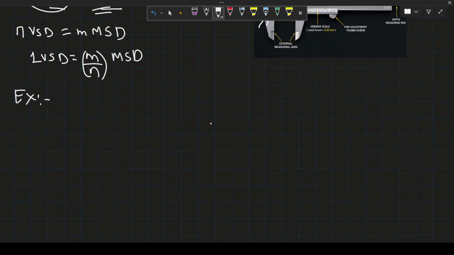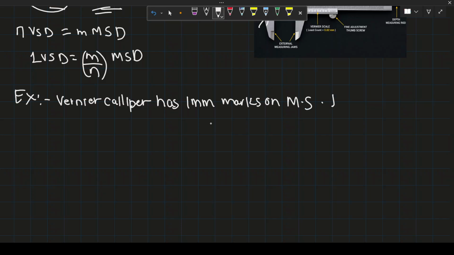Let me explain you with an example. Let's say they say a vernier caliper has 1 millimeter marks on the main scale.